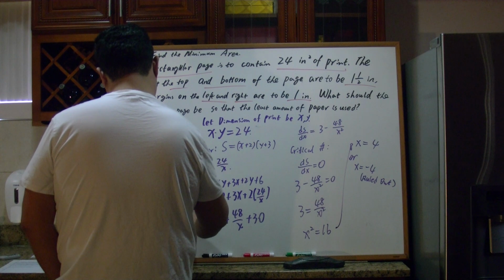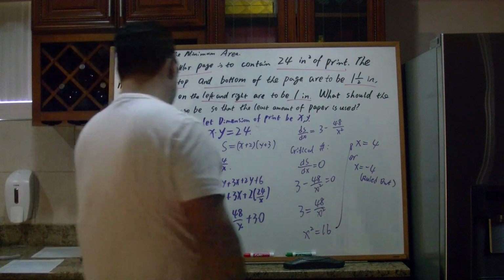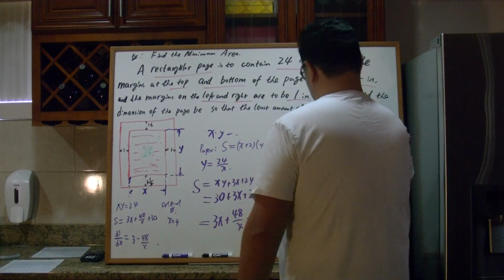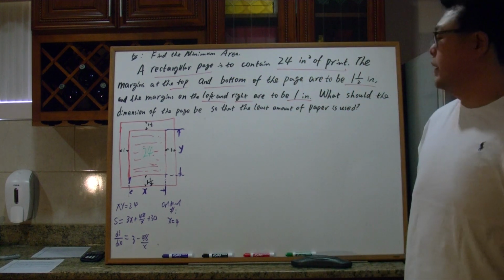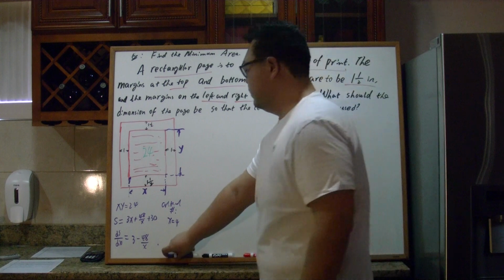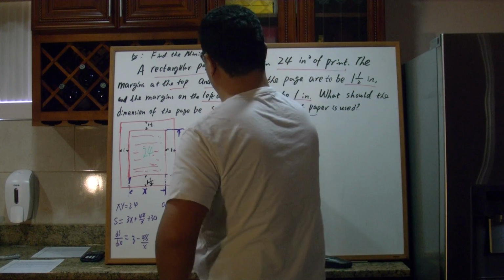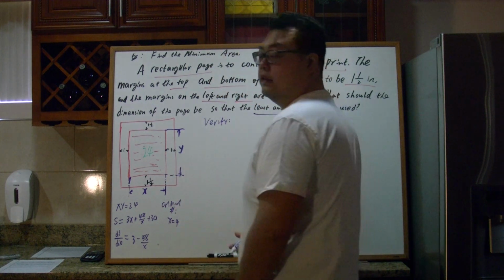Critical number possibly at x equals 4. Then from the information we get, at x equals 4, we need to verify this one is the least amount, right? So verify it is actually the least amount.